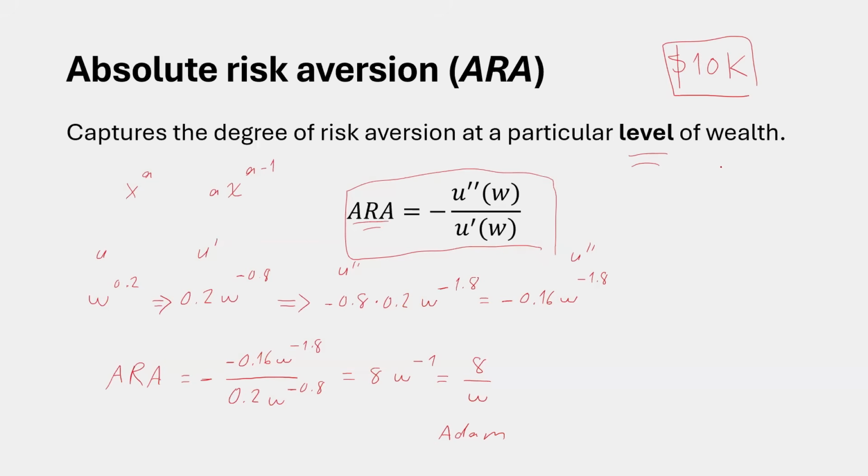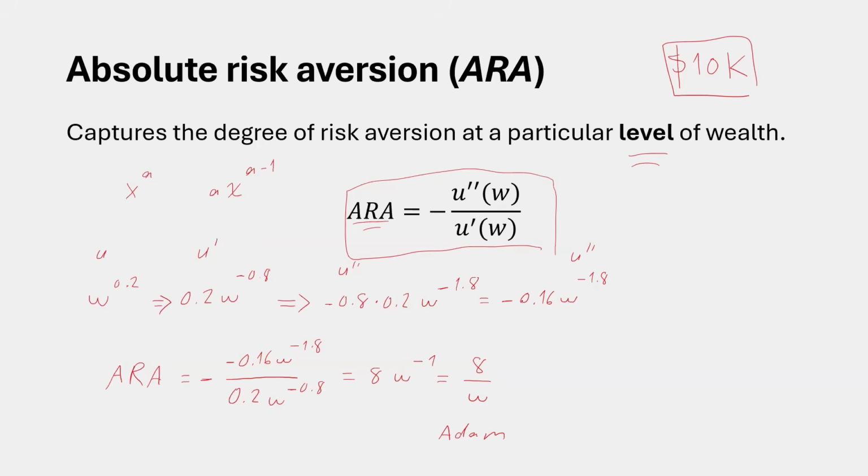Because the student is at the start of their career, they haven't accumulated wealth and so on. So from their perspective, this is a lot of money, and they will be more risk averse about losing this money. But then compare this with a very rich person who's, let's say, a millionaire. Now losing $10,000 is pretty much nothing to that person, right? So in that sense, this makes a lot of sense. It says that as we get wealthier, we get less risk averse.